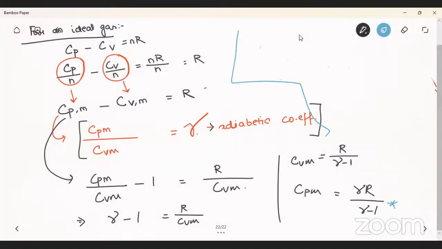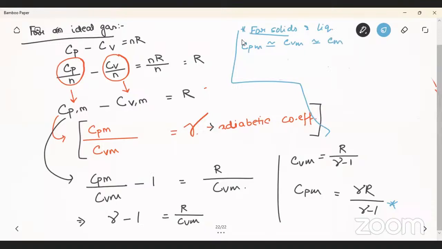So after this, I am writing here. For solids and liquids, this is something we have done for ideal gases. But for solids and liquids, CPM is equivalent to CVM, and it is equivalent to CM.